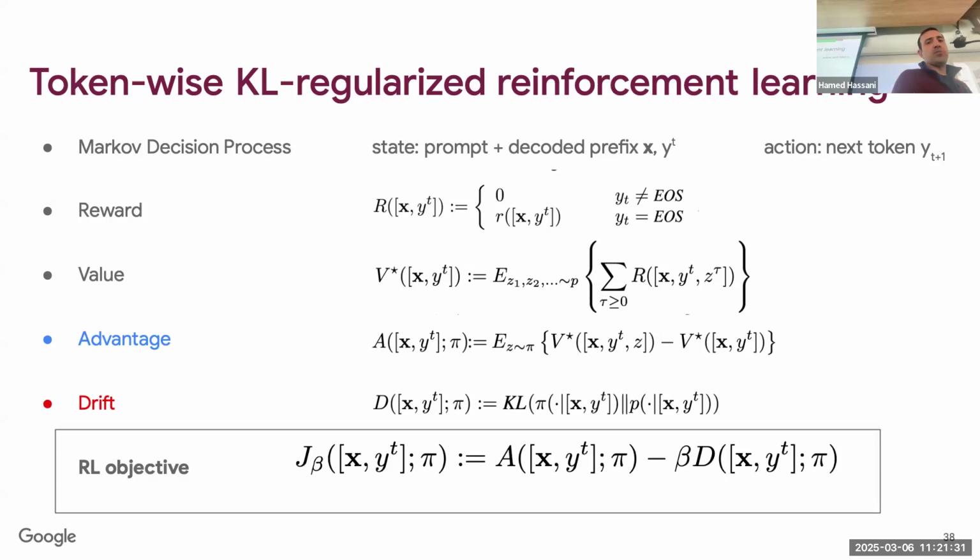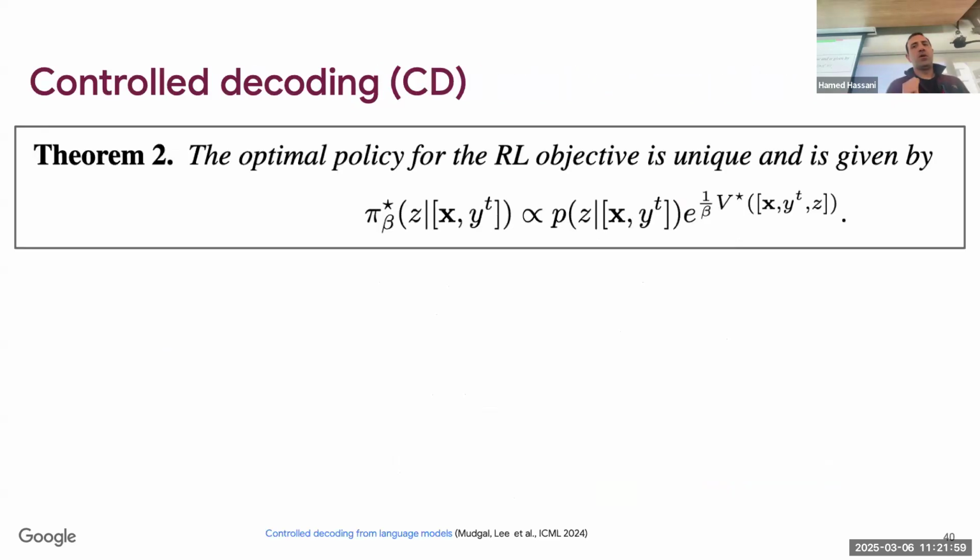Now we can define this objective function again. The objective is going to be advantage minus beta times this KL, right? So very similar to before, but now this is defined for a token-wise MDP rather than the bandit problem that we had. You can follow the exact same proof, and this is linear, that one is strongly convex, and we can derive the optimal policy.